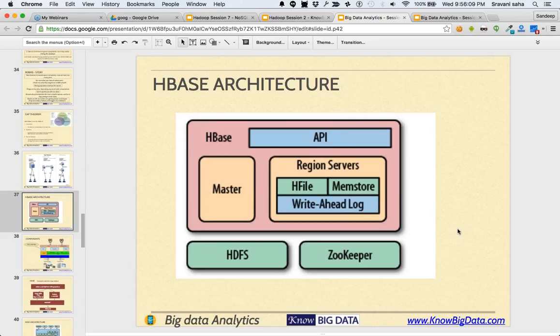Again, every row in HBase is marked with a unique identifier which you will have to specify. Every row is supposed to have a primary unique key, and the data is ordered based on that primary unique key.